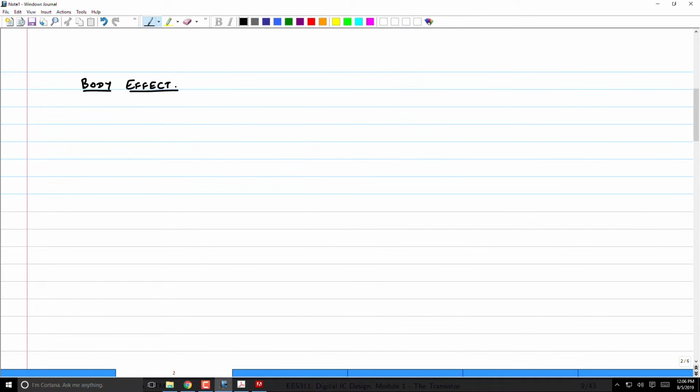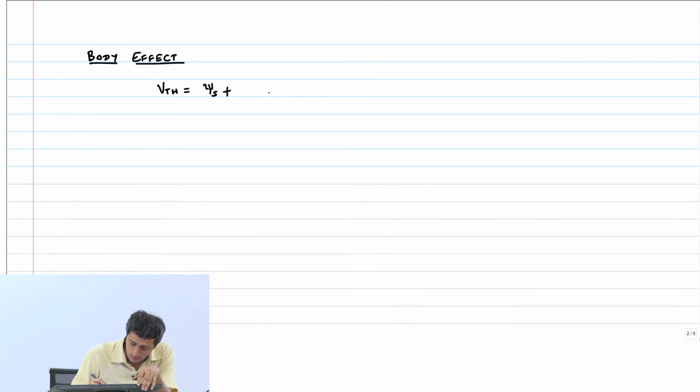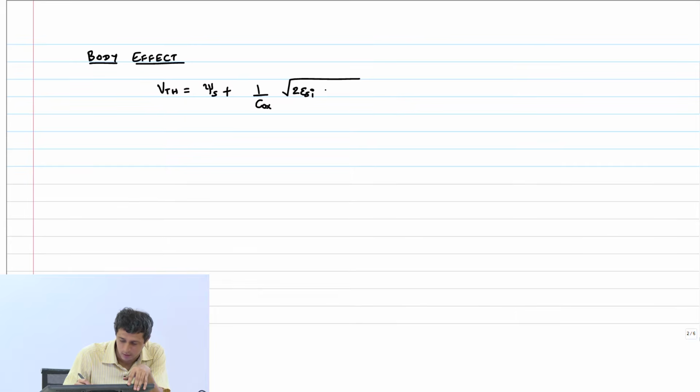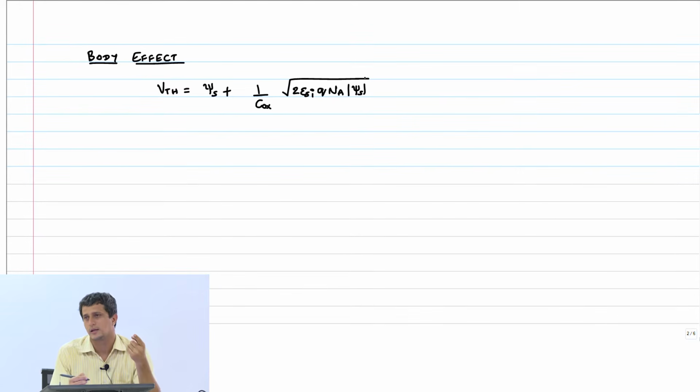So what was the expression for the threshold voltage? We said it is psi s plus 1 by C ox root of 2 epsilon Si q Na into mod psi s. Why the mod psi s? Because for an NMOS transistor, the surface potential is considered to be positive.